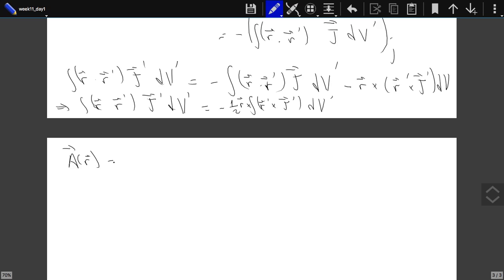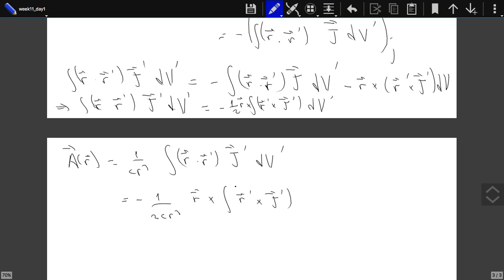Going back to our vector potential A at the point R, remember this was 1 over r cubed times the integral of r dot r prime j prime dv prime. Now we know that this is 1 over c r cubed times, we know that this is minus 1 over 2c r cubed, r cross the integral of r prime cross j prime dv prime.